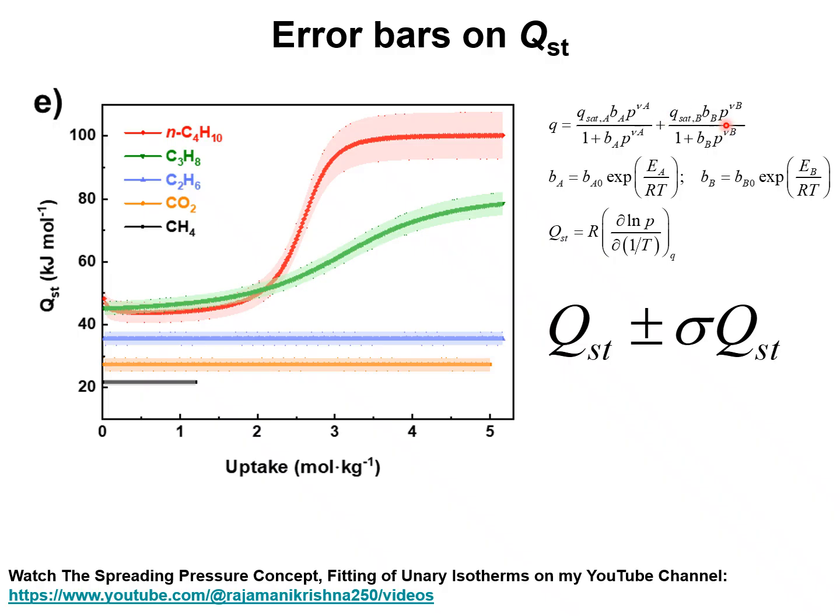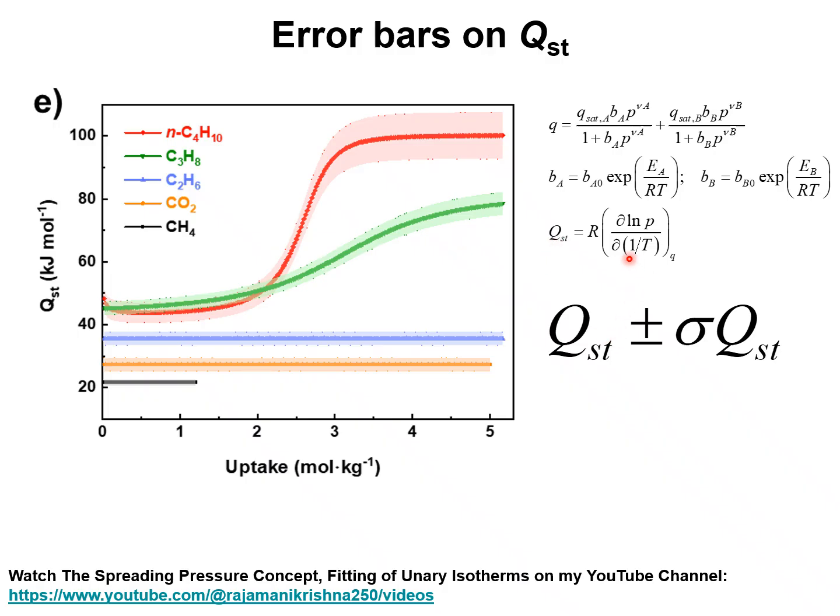From the DSLF fits, the isosteric heats of adsorption may be calculated using the Clausius-Clapeyron equation. As I have described in earlier video presentations of mine that are listed here, the calculations of QST can be performed analytically for the DSLF fits.